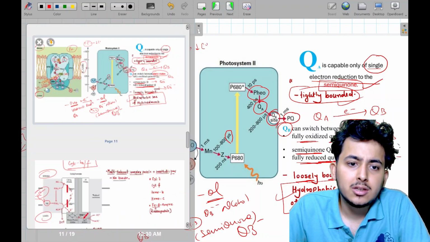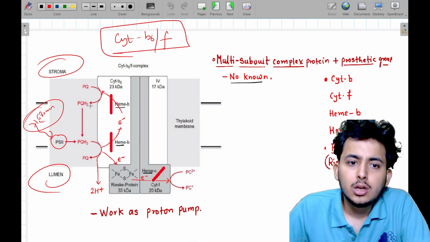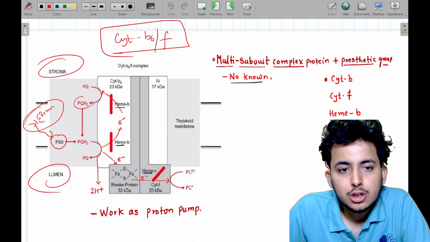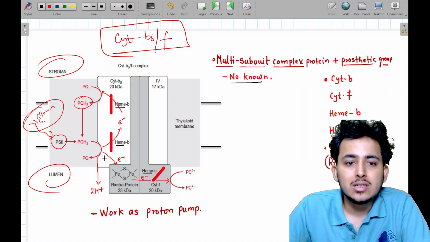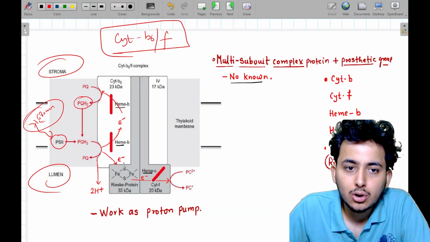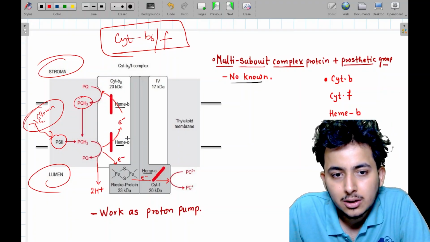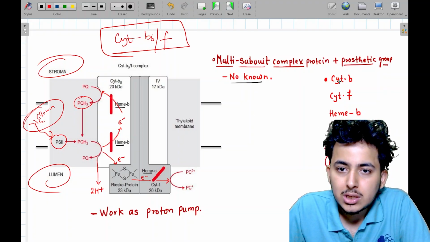When you are passing the electron to plastoquinone, what is happening? This plastoquinone is first getting reduced to PQH2, and this PQH2 then again gets oxidized, and as it is oxidizing, it is transferring the electron. The electron is being transferred through the different proteins which are present.